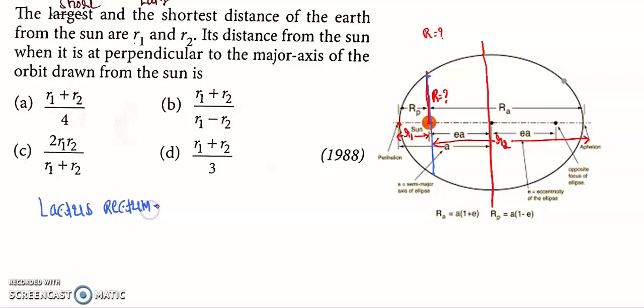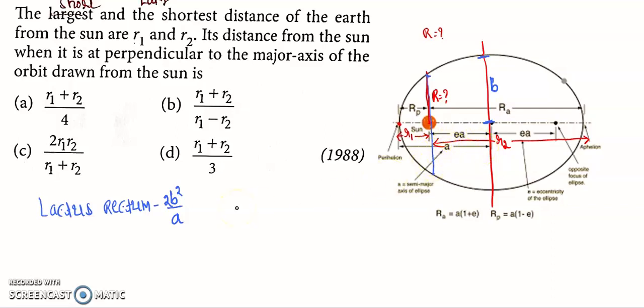The latus rectum is equal to 2b square divided by a. What is b here? This is b and this one is a.